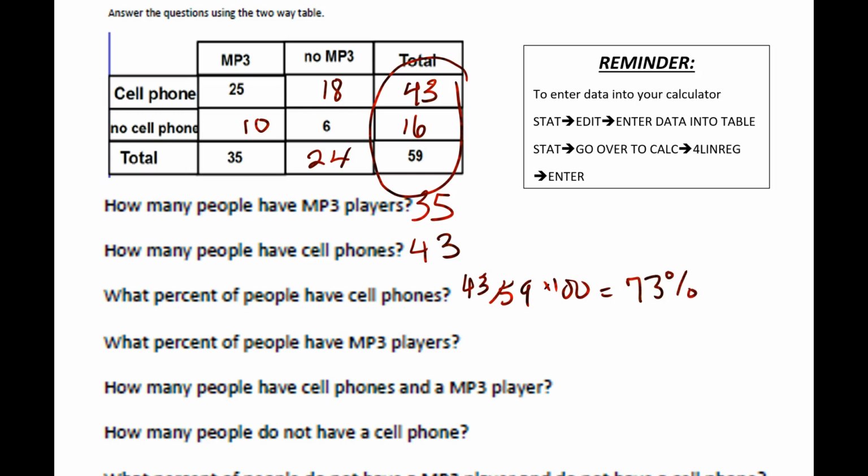What percent of people have MP3 players? MP3 is right here. This is 35 out of the 59. 35 divided by 59 times 100 is 59%.